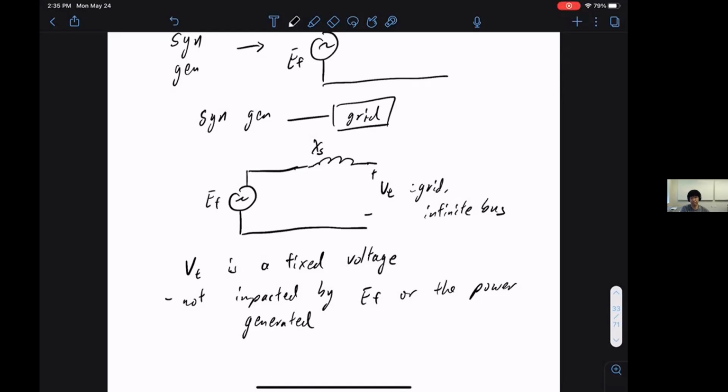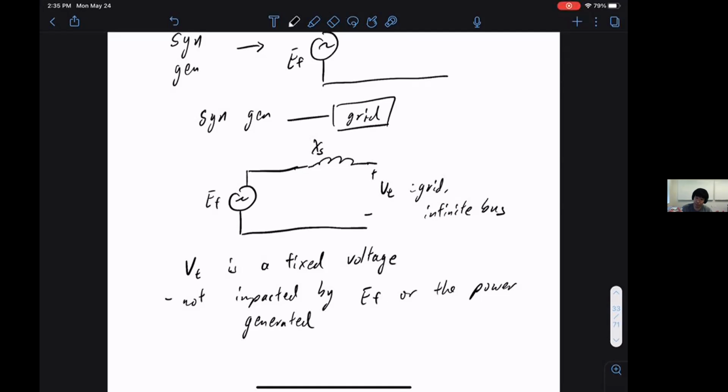Okay. So the infinite bus model says of a generator, I'm sending power into the grid. Right? So the way the grid appears to me, because the grid is much larger than a single generator, is just some fixed voltage source, a fixed voltage.